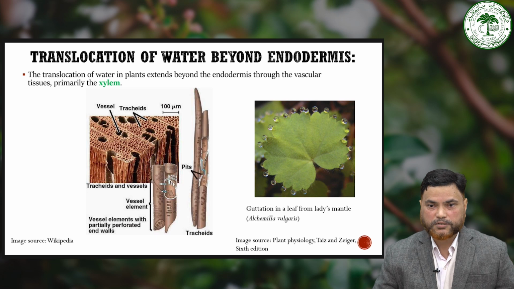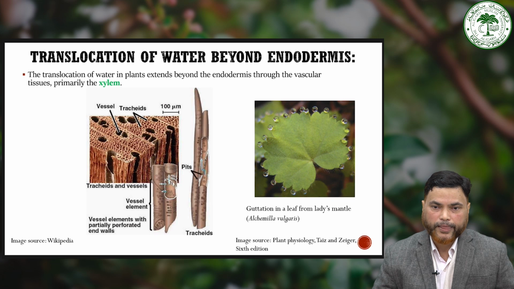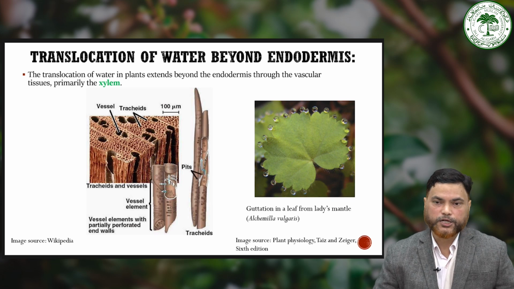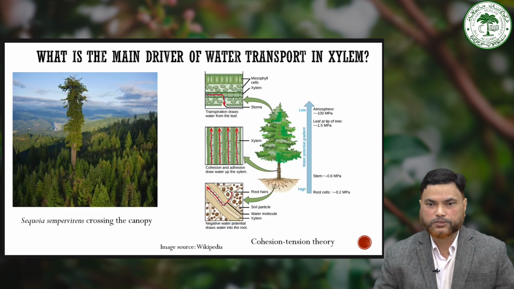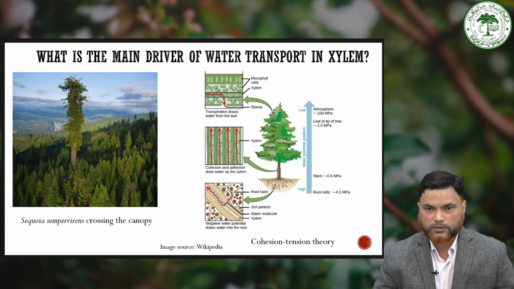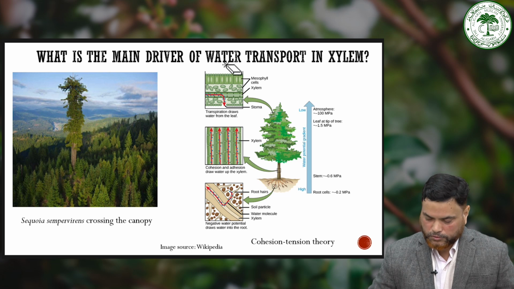This process is commonly referred to as guttation, and it takes place through specialized pores present on the leaf known as hydathodes. You might have seen a number of dewdrops on the tips of grass leaves in the morning, and basically these are the products of guttation, which generally exudes from the small pores known as hydathodes.